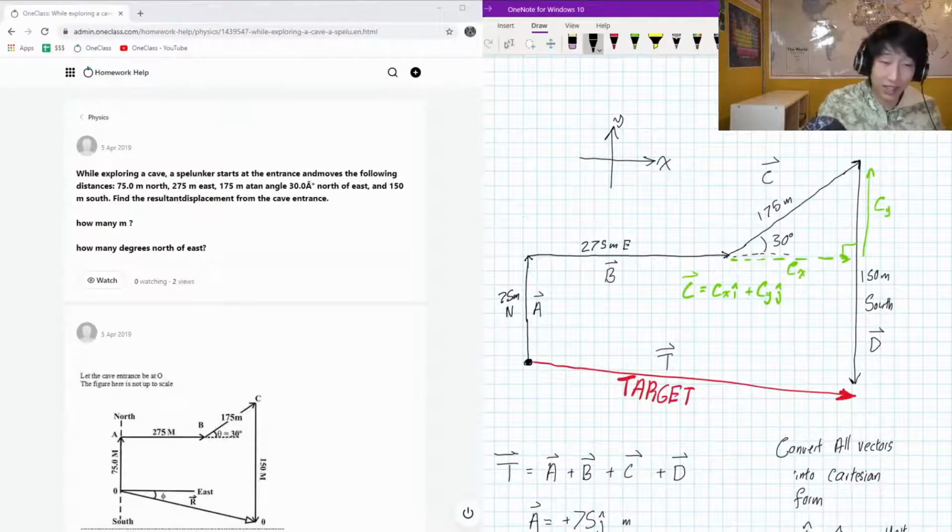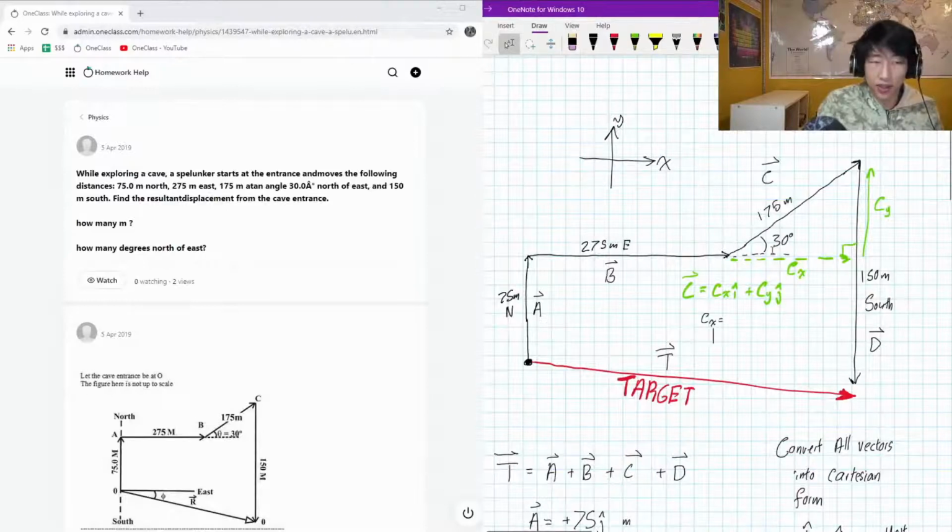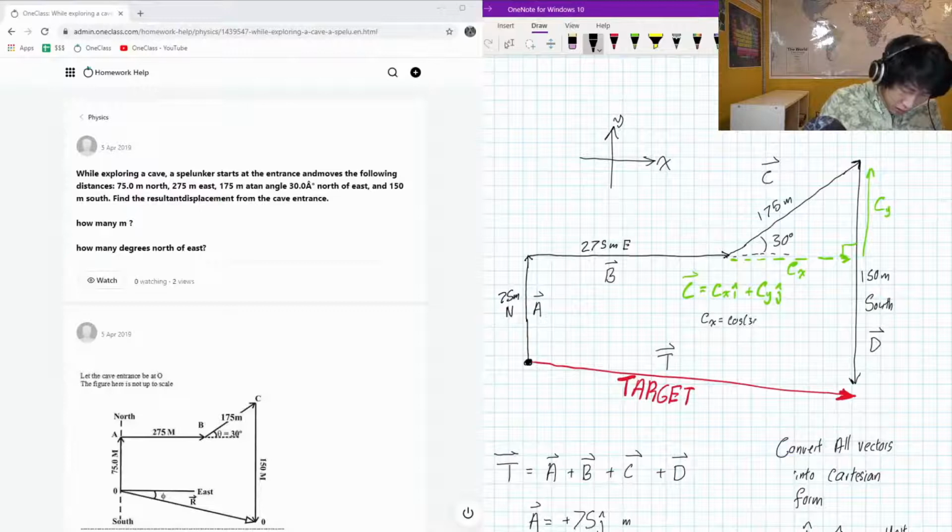So that's essentially exactly what we're going to be doing here. Our CX component is adjacent to the angle, so that's going to be cos 30 times 175 meters.